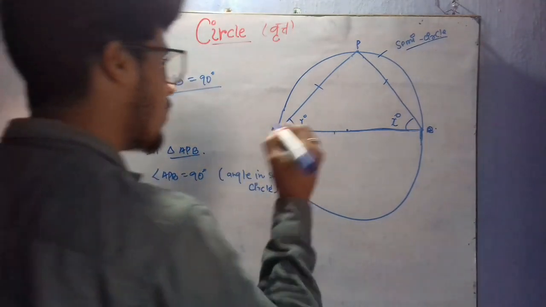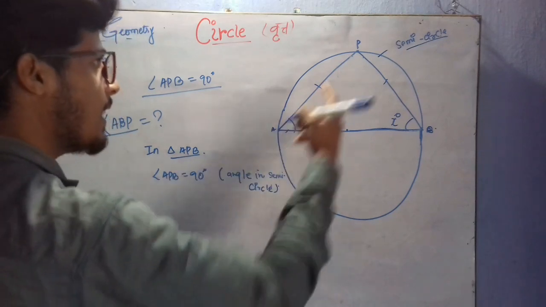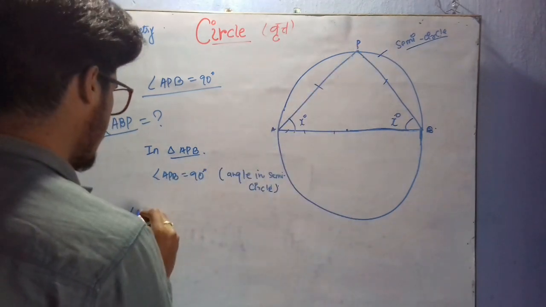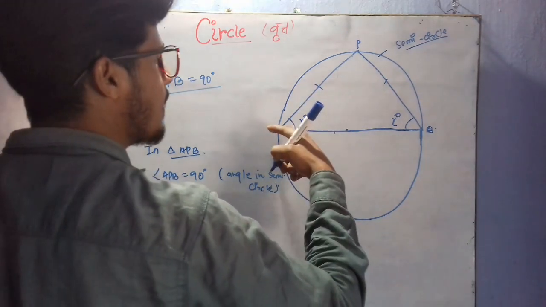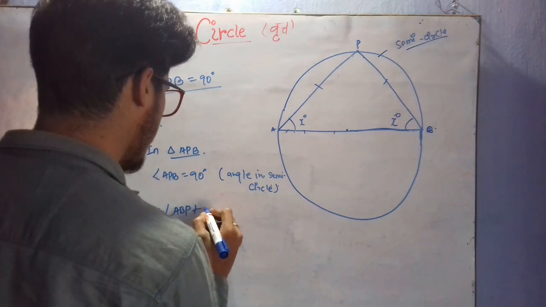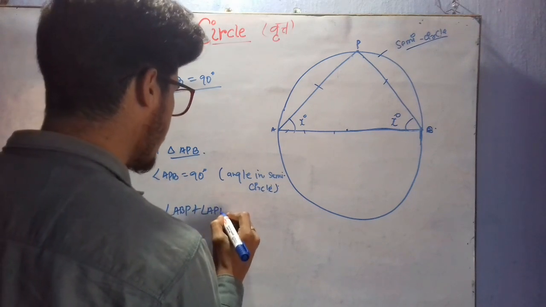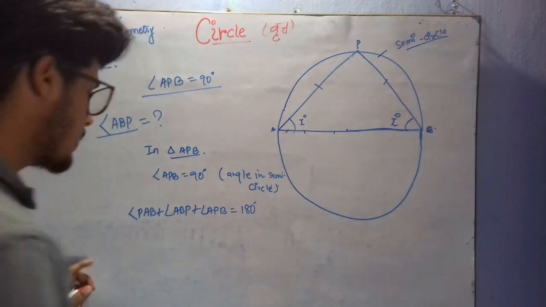So now on solving this question we will find that angle PAB plus angle ABP plus angle APB equals 180 degrees, the sum of three angles of a triangle.